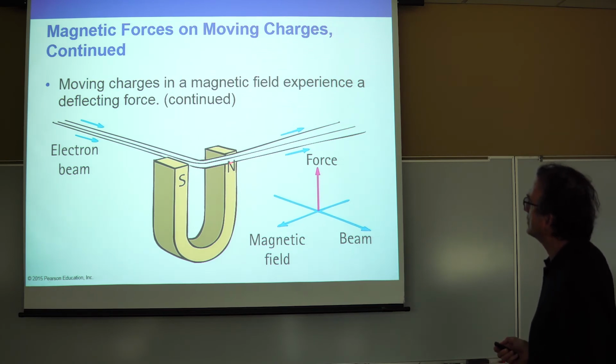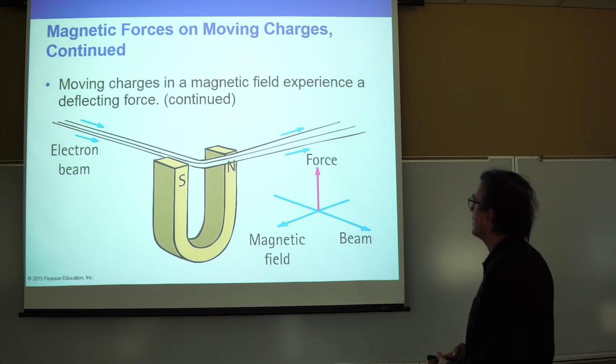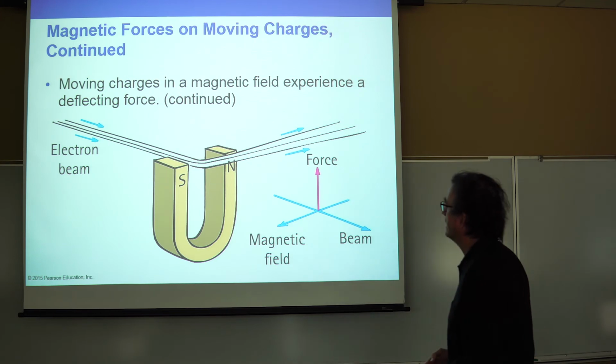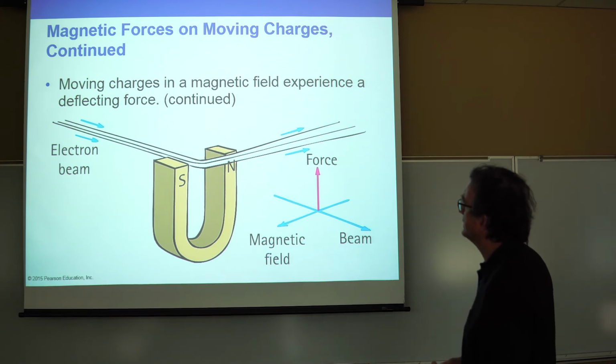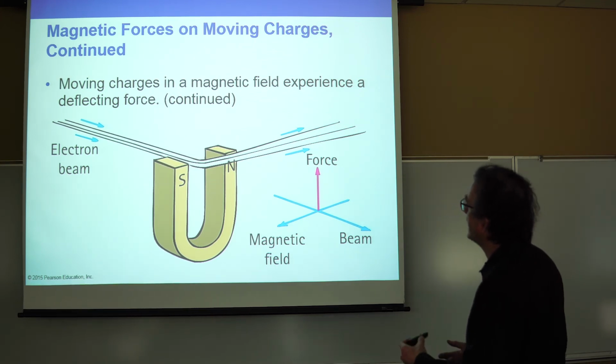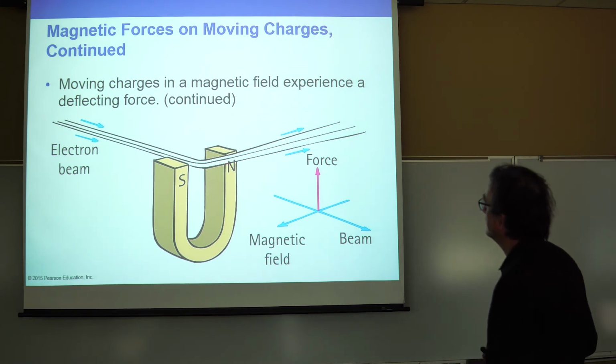And as we do so, due to the velocity of the charge going through the magnetic field, it gets deflected upwards. And that upward deflection is caused by this right-hand rule that we talked about, which was the cross product of the velocity vector and the magnetic field vector.